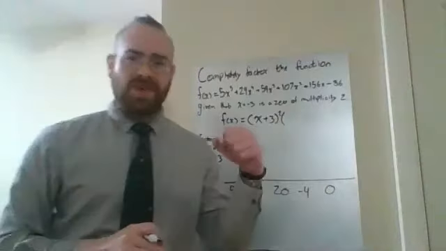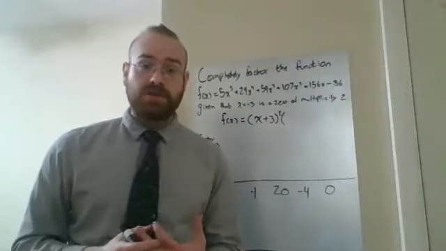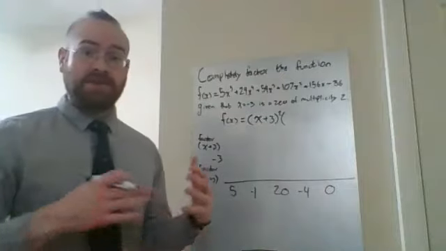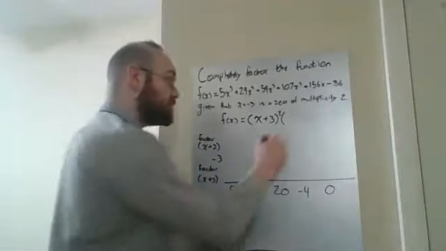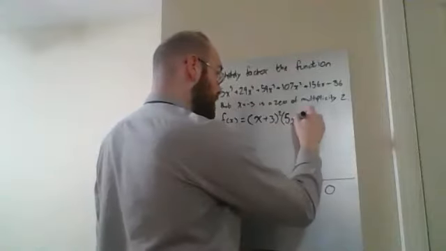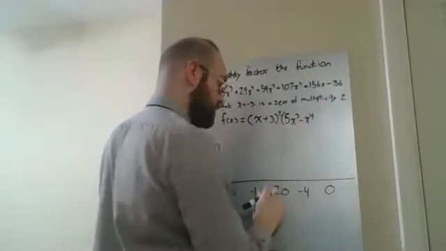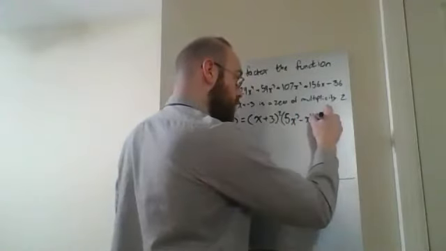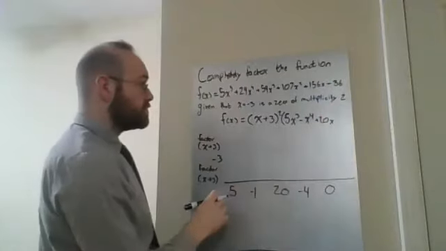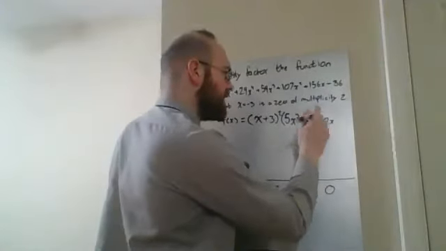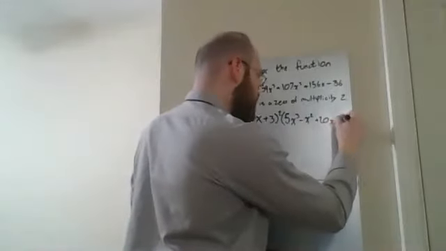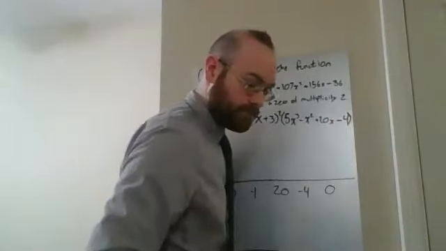We've divided out two factors of x, which means our greatest power is going to be 2 less than x to the fifth. So we have x to the third, so that's 5x cubed minus x squared plus 20x. Forgive me, that should be x squared, not x to the fourth. Plus 20x minus 4.